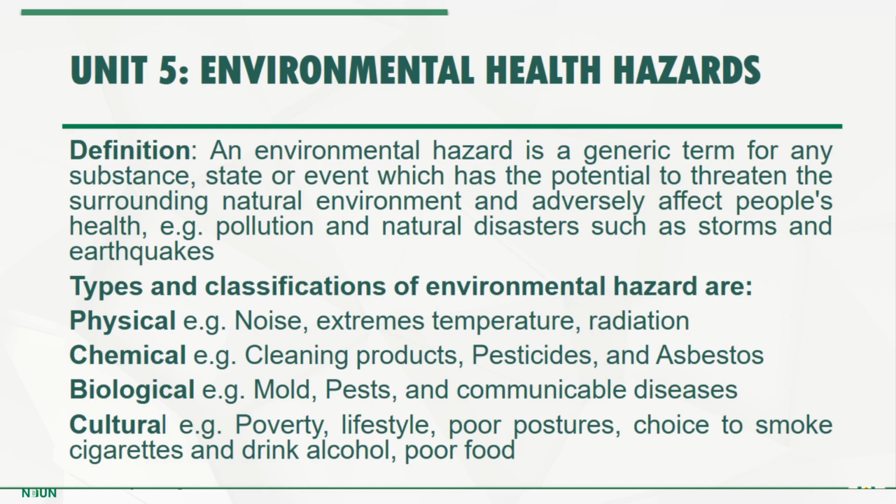For example, pollution and natural disasters such as storms and earthquakes. Types and classifications of environmental hazards are: we have physical, chemical, biological, and cultural. And examples of each of these types of classification are mentioned.